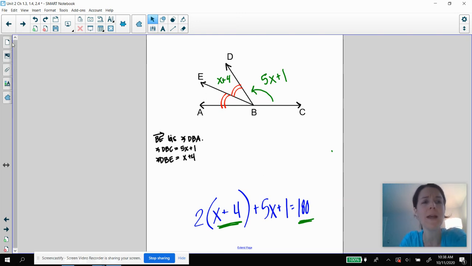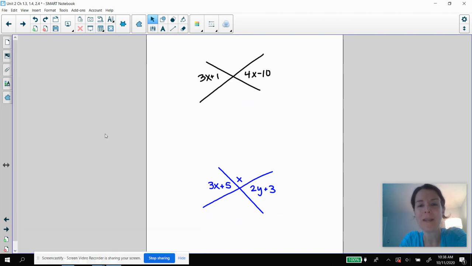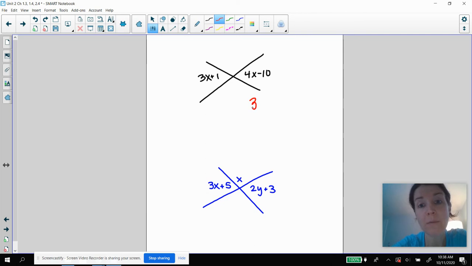If you did a different way, I would love to hear it. All right, last problems. Go ahead and try these two. Okay, we're back. So hopefully with these, you recognize that you had vertical angles. So this is the vertical angle theorem. So all you did was set the two things equal to each other. 3x plus 1 equals 4x minus 10. But this second one is a little different, right? We're solving for x and y.